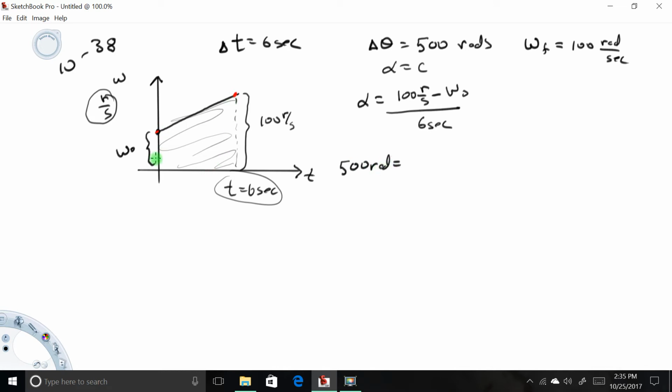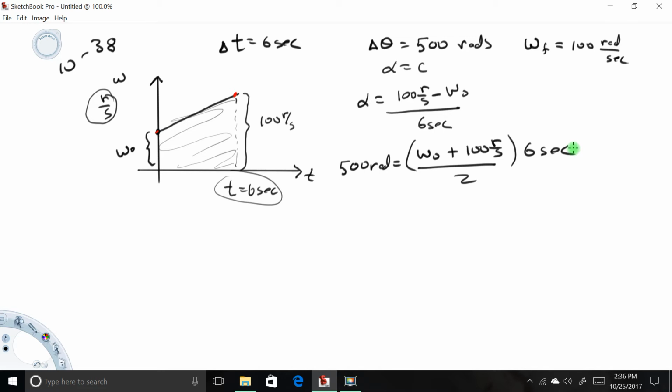I'm going to use my standard method for calculating the area of a trapezoid. That's going to equal this distance plus this distance divided by 2 times this distance. So that's omega initial plus 100 rad per second over 2 times the width of 6 seconds. You'll notice this has only one unknown.